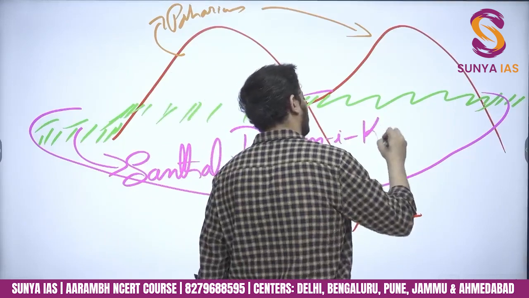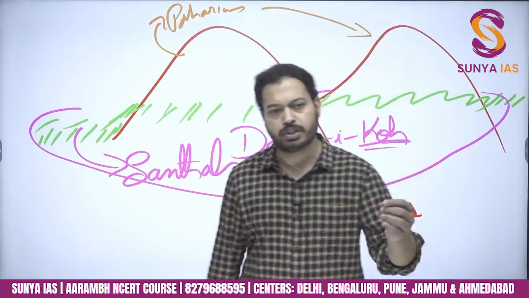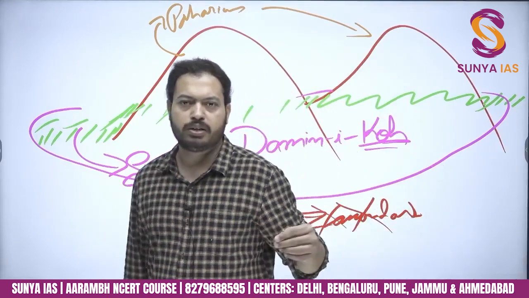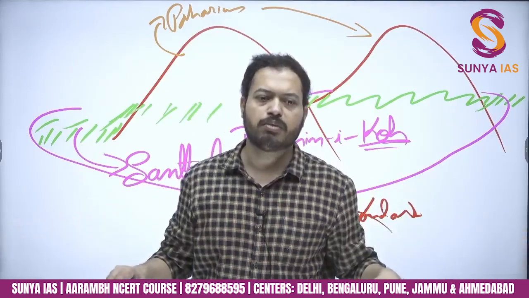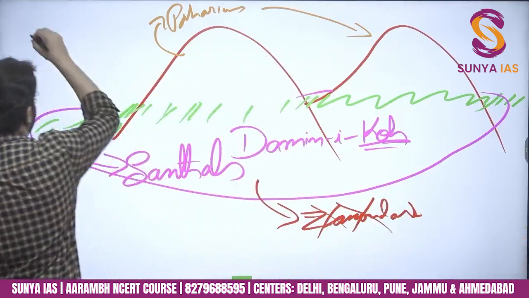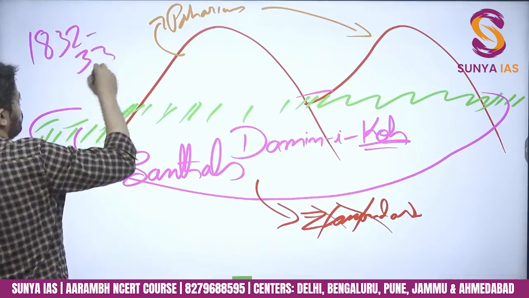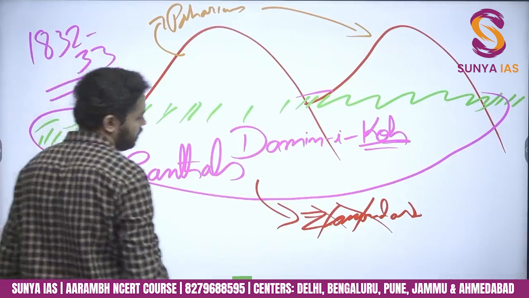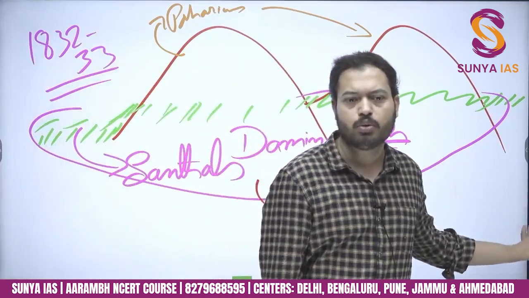Koh means mountain in Persian. Daman is again a Persian word for the boundary line or the border line, the ending point of the mountain. So that area was handed over to the Santhals in 1832, 1833, after small revolts of theirs against the British East India Company. Understood what is Damine Koh, how the whole concept of Damine Koh came in?